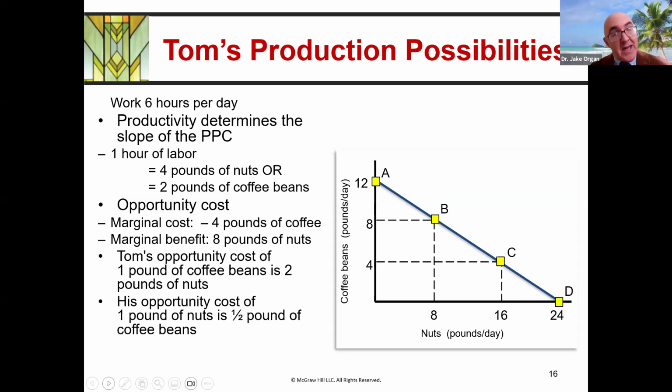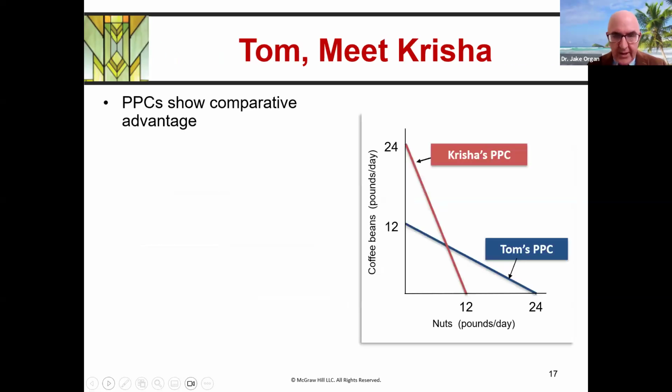Now, that doesn't have to be the case all the time. It could be not exactly symmetrical. It's just the way they've set this up. As you'll see, it makes it look interesting. So, if we bring both their production possibilities curves together, it will look something like this.